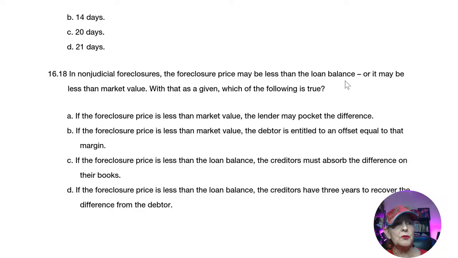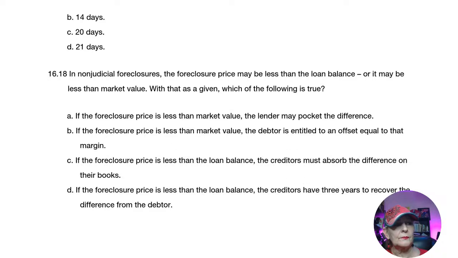Or it may be less than market value. So the answer here will be B. If the foreclosure price is less than market value, the debtor is entitled to an offset equal to that market margin.